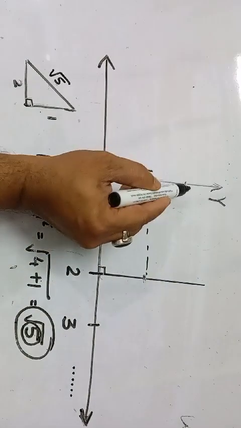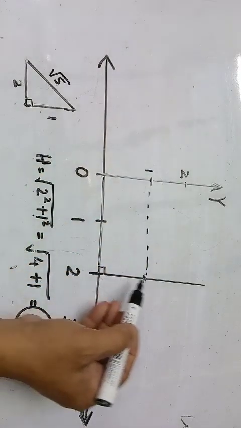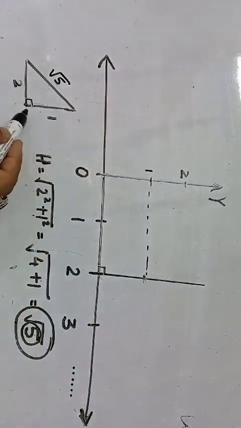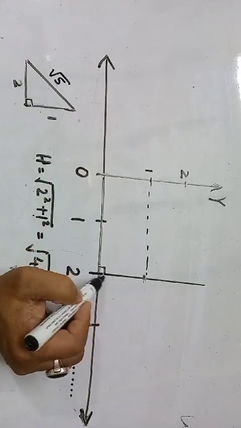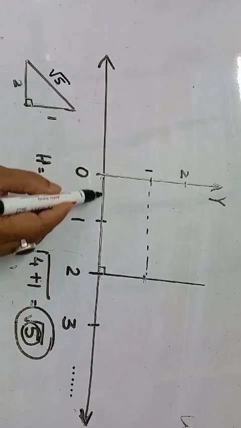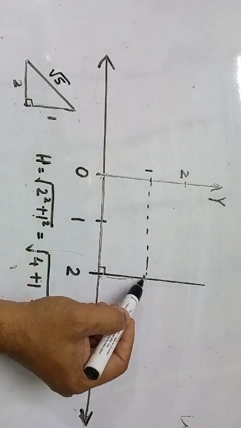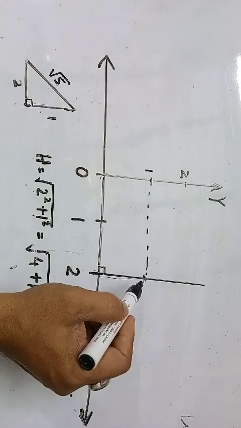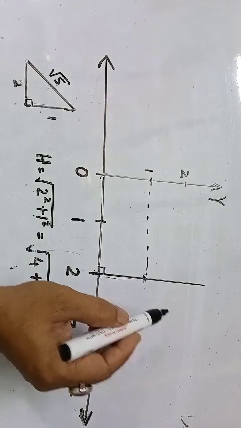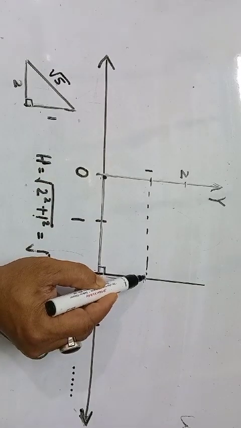Let me mark this 2 also, although this 2 will not be required, because how much do you have to go up? Look at the triangle, you have to go up by only 1. So essentially you have gone along the base by 2 units, and you have gone up the perpendicular by 1 unit. Don't you think that if I join this point with this point, it will give me my hypotenuse?